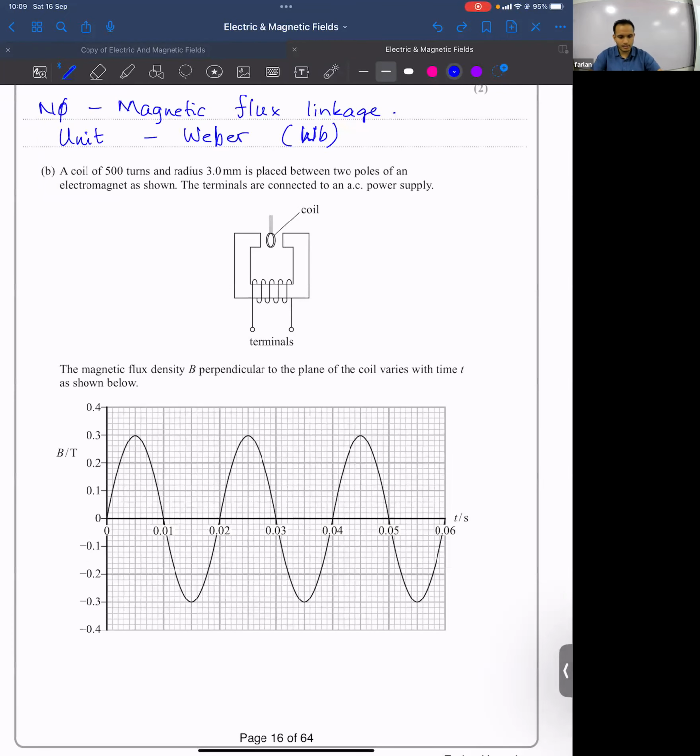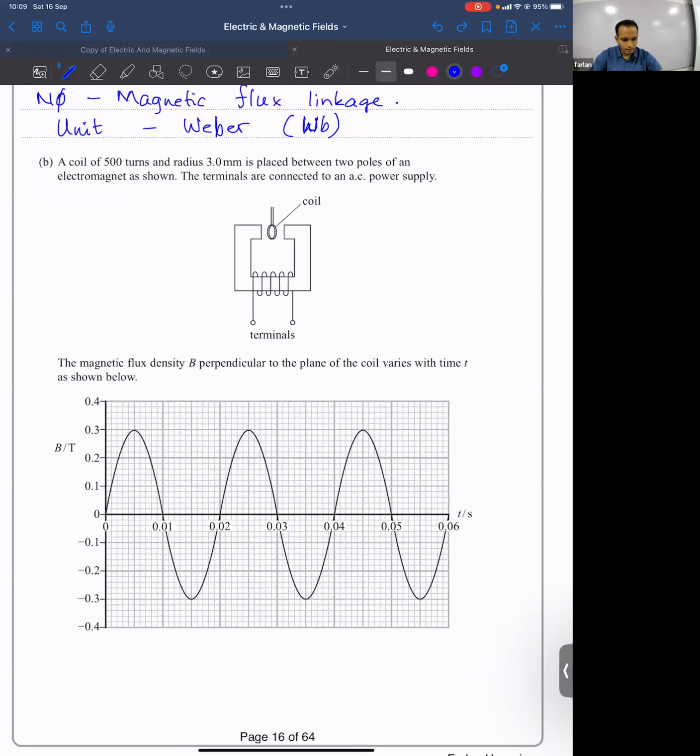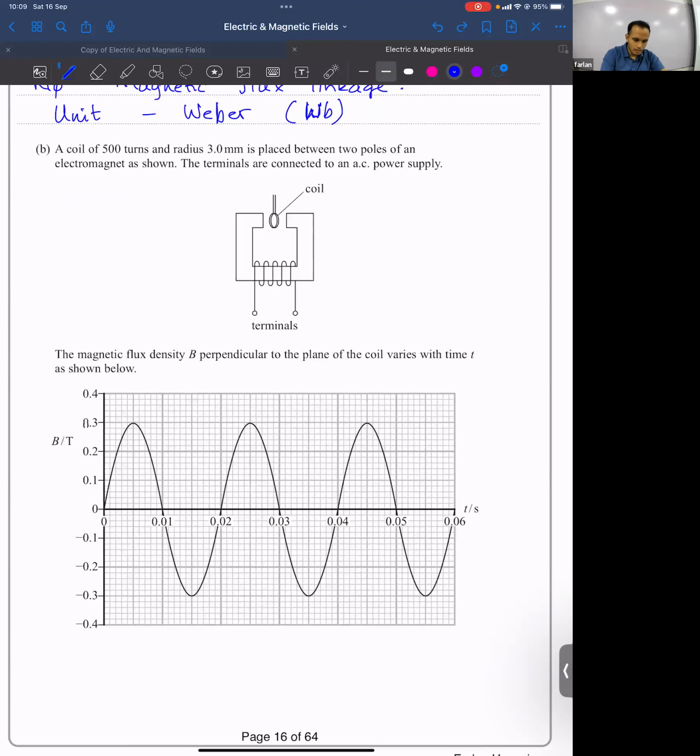Now you look at the graph and tell me, when the time is 0.005, that is this point, what will be the EMF induced? 0.3. Wait, sorry. Maximum EMF is at that point, is it?